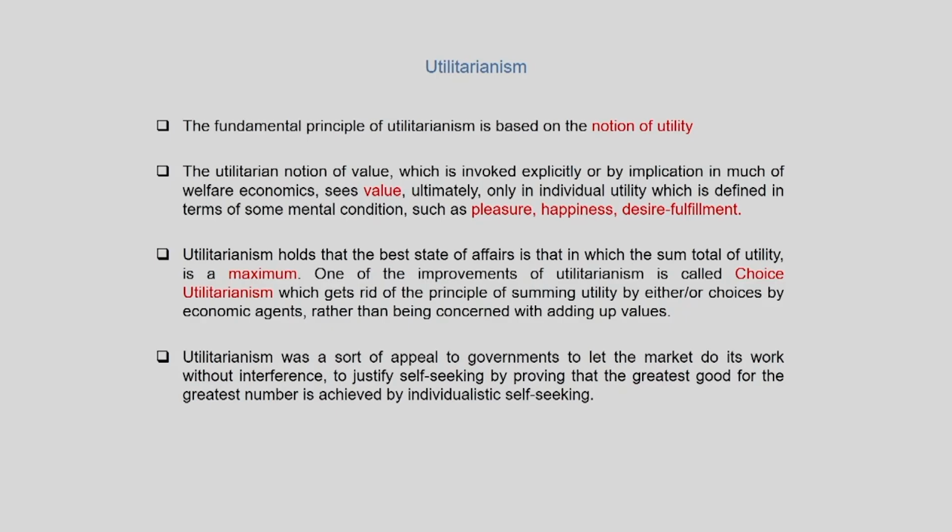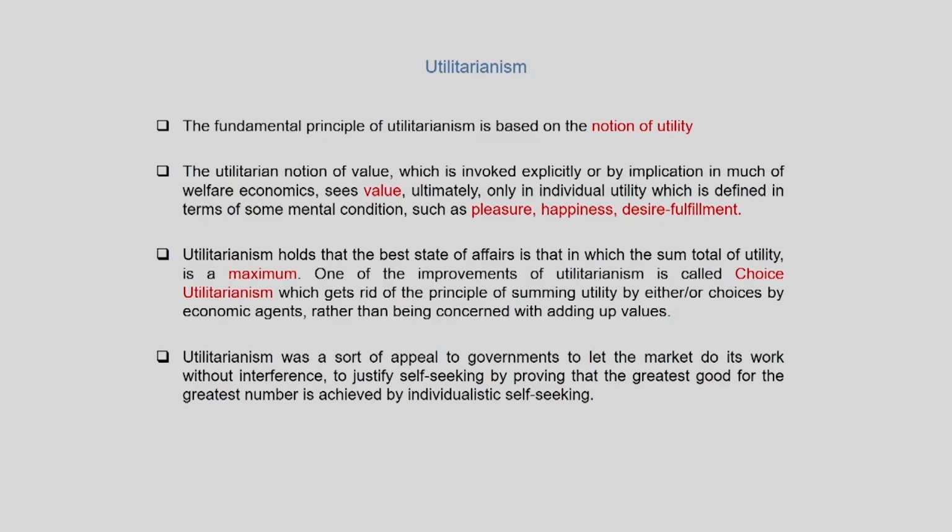So, utilitarianism holds that the best state of affairs is that in which the sum total of utility is a maximum, and one of the improvements of utilitarianism is called choice utilitarianism, which gets rid of the principle of summing utility by looking at choices by economic agents rather than being concerned with adding up values.